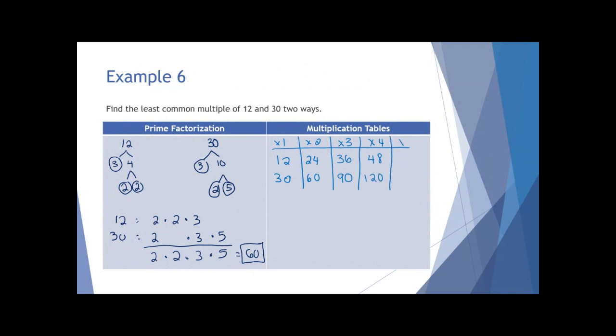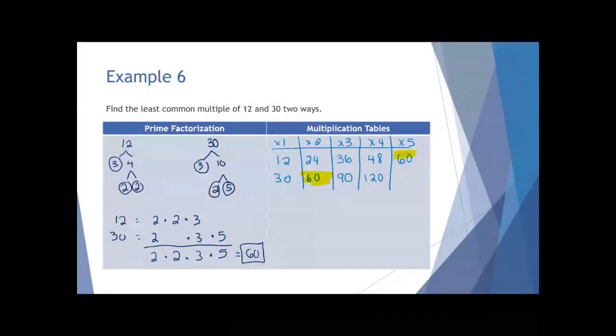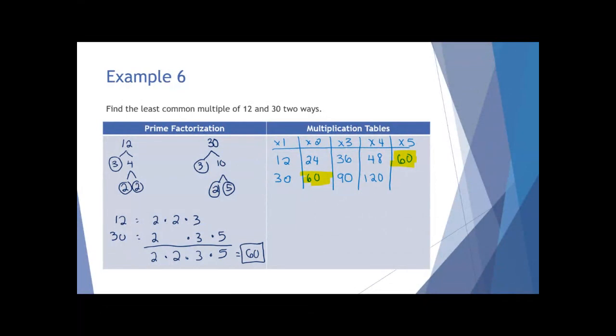Still nothing in common, so then I do times 5. 12 times 5 is 60. And now I have found the first thing that they have in common. And it's the smallest number they have in common in the multiplication table. And so that's why 60 is the least common multiple.